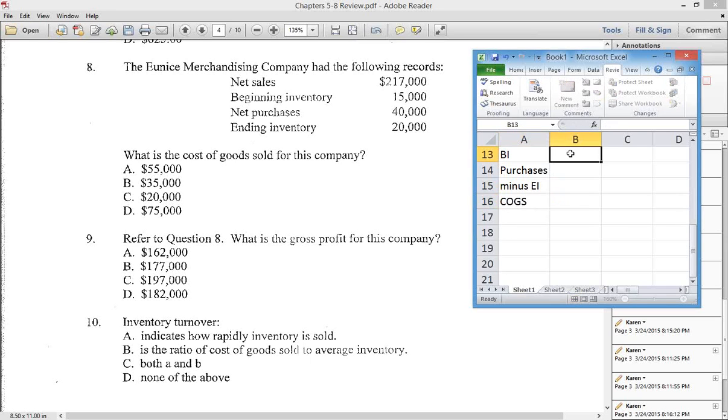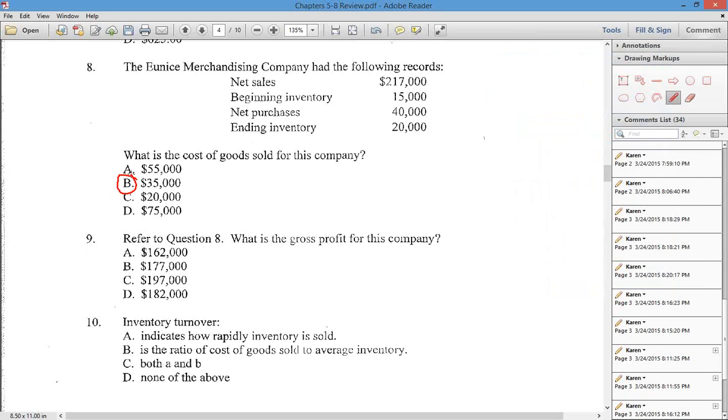Okay, so in this case, it would be my $15,000 plus $40,000 minus $20,000. Oh, I think you're ahead of me, aren't you? $35,000. So once you know the formula, you can do it, right?